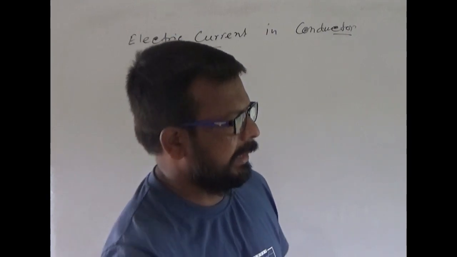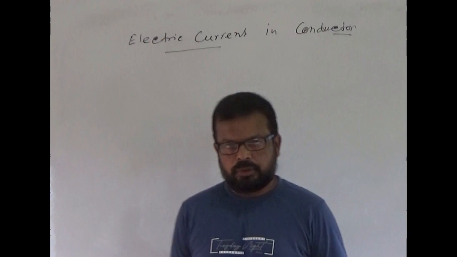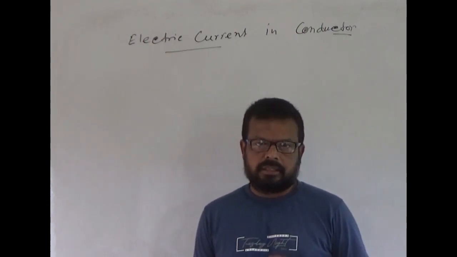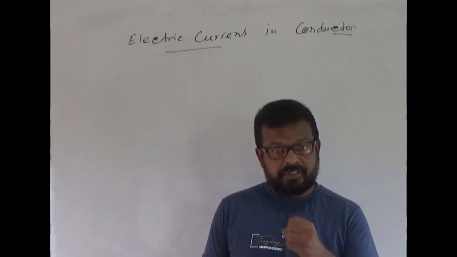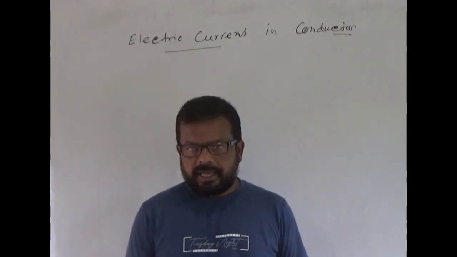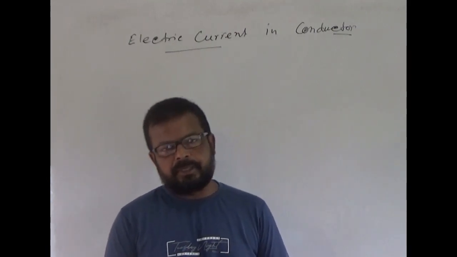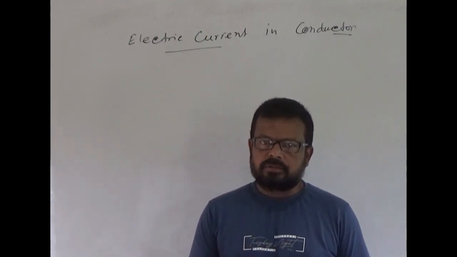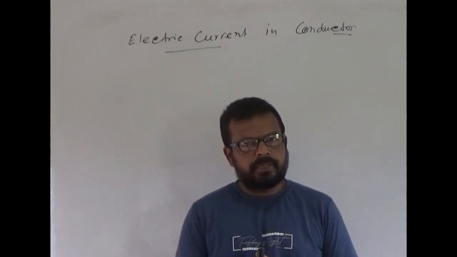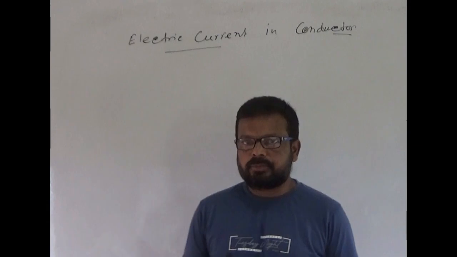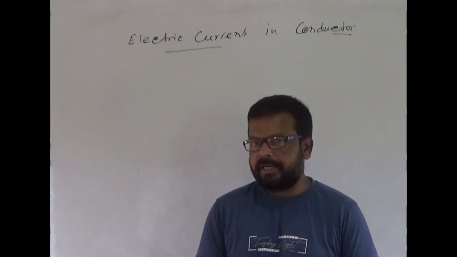Now we know that an atom has a nucleus, which is a very small region of the atom, and the negatively charged electrons revolve around that nucleus. The nucleus is made up of protons and neutrons. Protons are positively charged and neutrons are neutral particles.